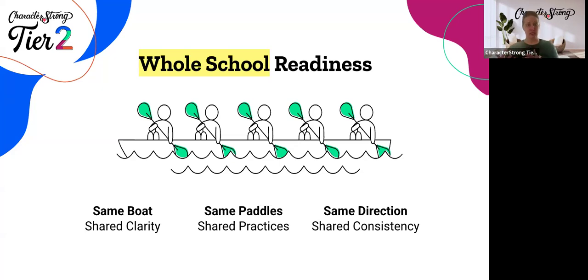And the more consistent we are with implementing tier two practices and doing it well, the greater our sustainability will be in the future. So starting off with good knowledge and shared clarity, making sure we understand what it looks like to do tier two, what those practices look like, then actually doing those things eventually leads to sustainability. And that's really what we want for your tier two system.